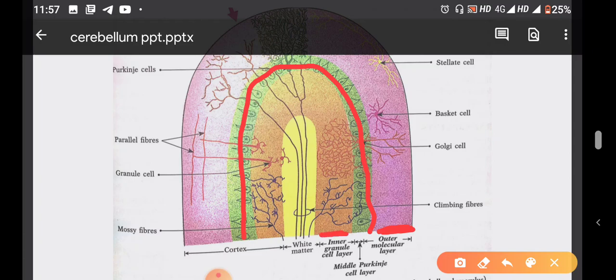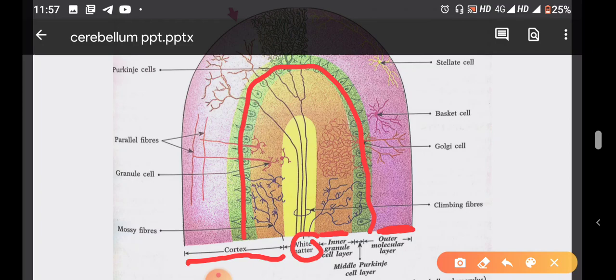And inside that there is the white matter. This is the cortex, that is the grey matter, and this is the white matter which consists of the afferents and the efferents of the cerebellar cortex.